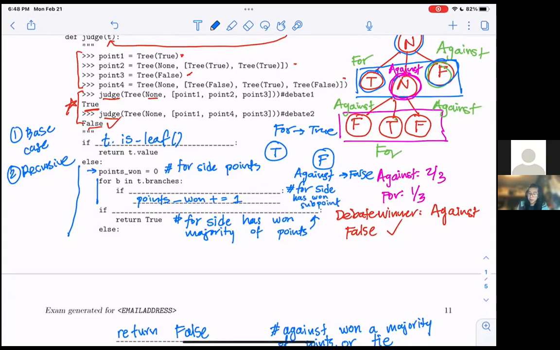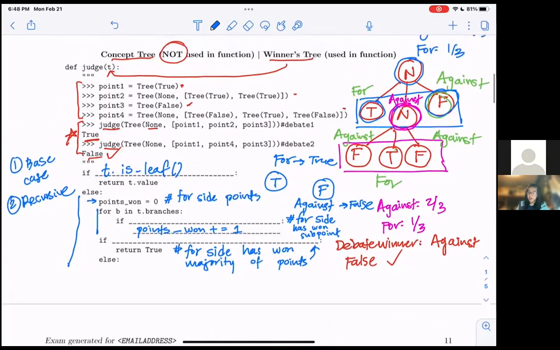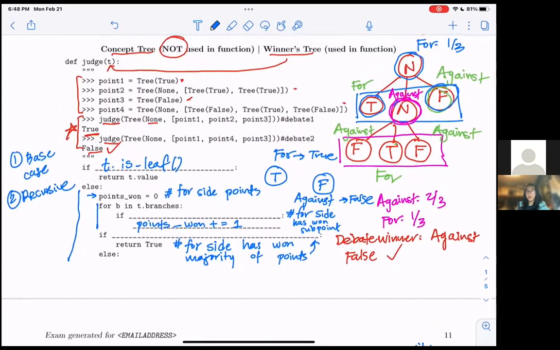Well, right now we're iterating through each of the subpoints. So the way that we determine whether a particular point has been won is that we need to recursively call the judge function on that branch. This is what we were doing in the example, the tree that I have to the right here.